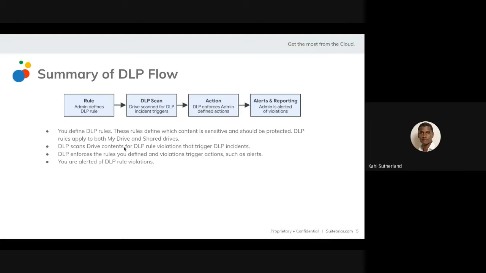And if it finds anything, it will trigger whatever action you chose that we'll look at as well. Sometimes that action can be to block the sharing, making sure that that sensitive information is no longer exposed. In other cases, it might just be an alert so that the admin can dive a little bit deeper and investigate more about the file and make sure it is something that they want to pull back. So that's where the alerts and reporting come into play.